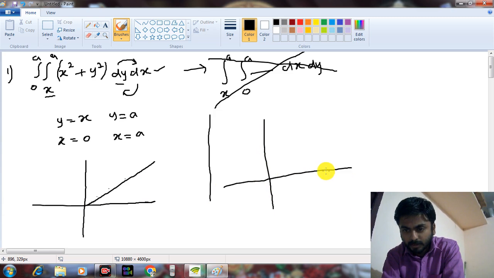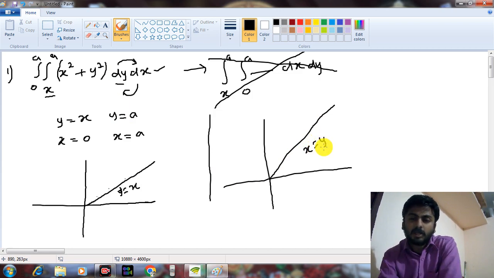What is the equation here? Since the internal limit is y, I am writing y equal to x. Since I am going to change it, I am writing it as x equal to y.